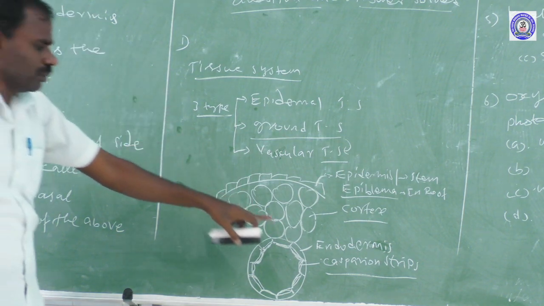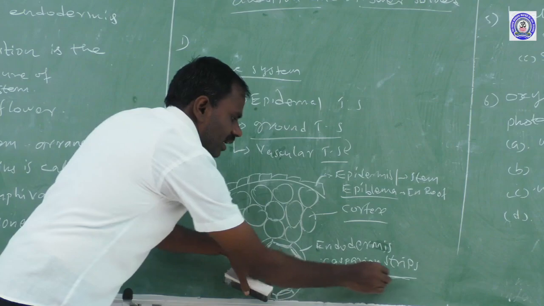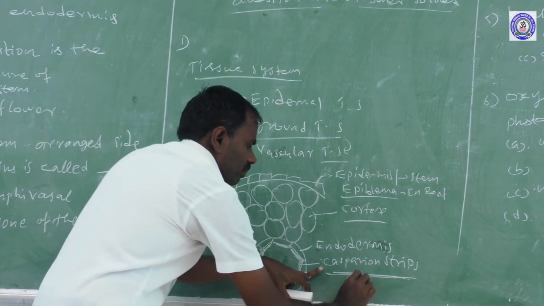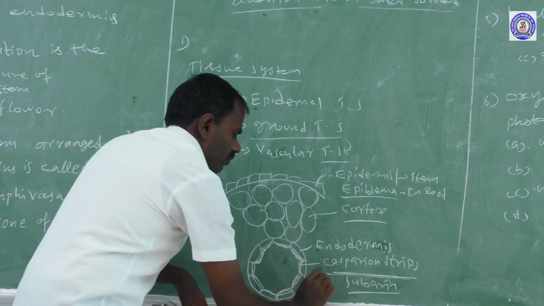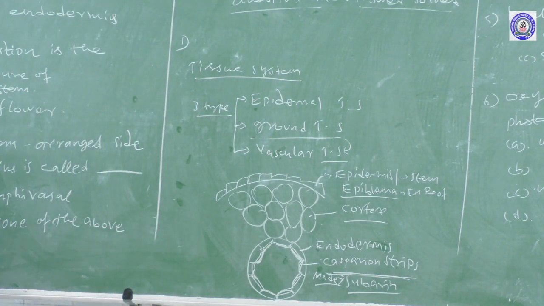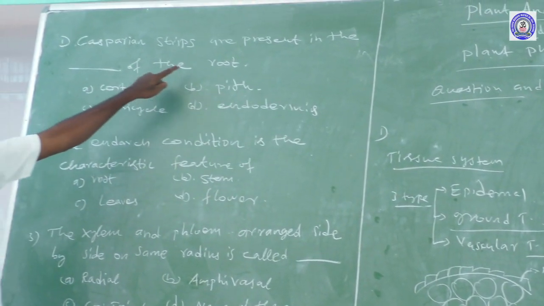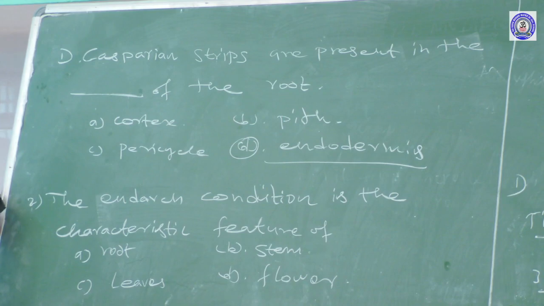The Casparian strips are present only in the innermost layer as a thickening layer. These Casparian strips are made up of suberin. Which one is the answer? The Casparian strips are present in the endodermis of the root system. The endodermis is the correct answer.